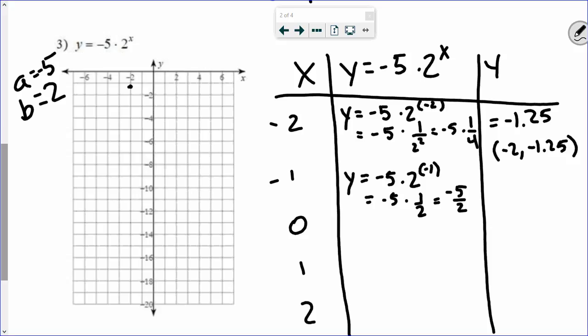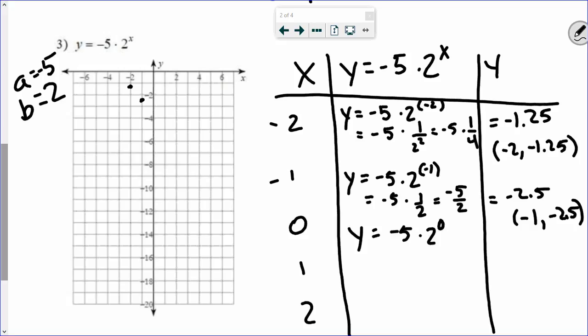On your calculator, that'd be -2.5. So (-1, -2.5). We do our best to graph that one. Put it about right there. This one's looking a little different. That was some quick growth, so I wonder how this is going to look as we keep working here.